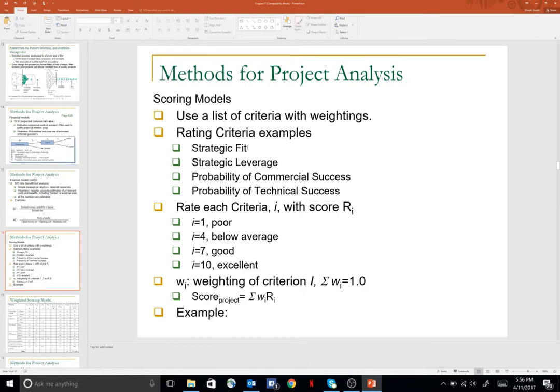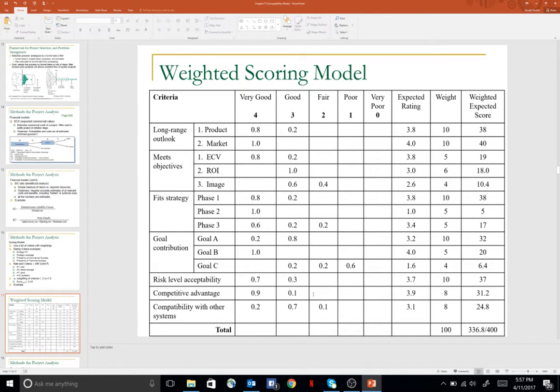Different scoring models, different criteria. What are the criteria for scoring? As you guys see here, we have a nominal scorecard, and we do some weighting if that's the need. Here's what a scorecard would look like.